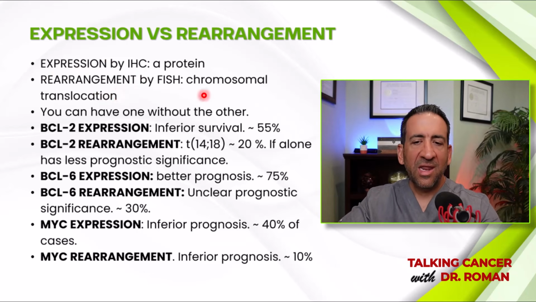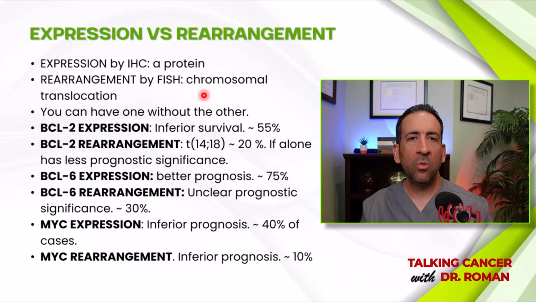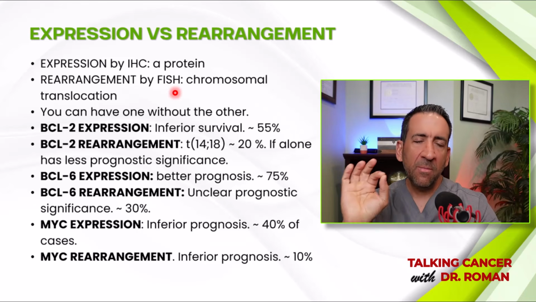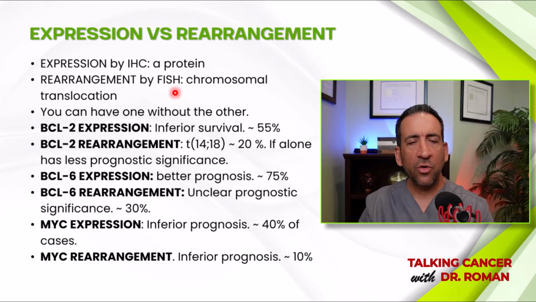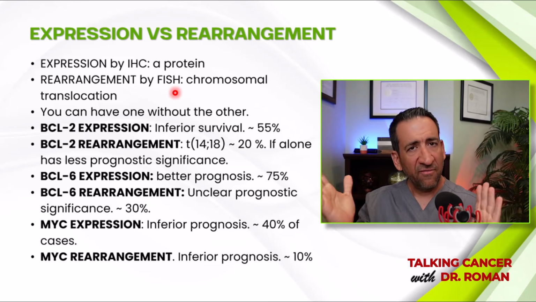This means that it has a chromosomal abnormality, in this case, a chromosomal translocation. And this is performed by FISH. Remember the FISH test, fluorescent in situ hybridization. So I want you to keep this in mind. Expression means that your tumor has a specific protein, whereas rearrangement means it has a chromosomal translocation. It's a chromosomal event, very different.